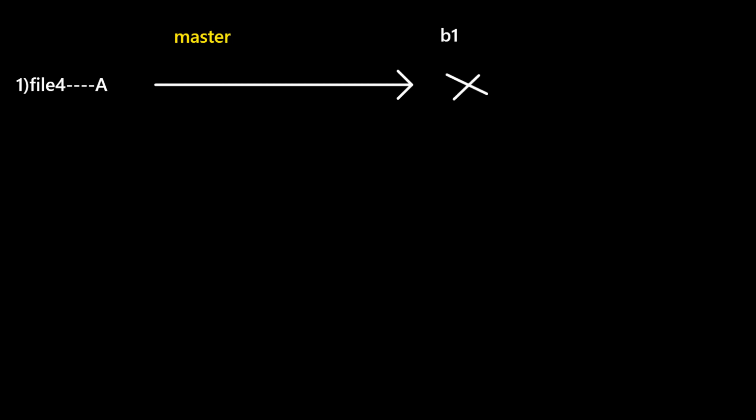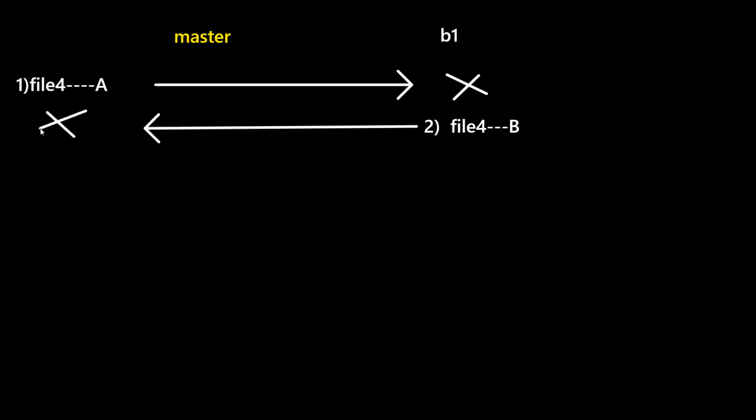Then the second step: we came to the B1 branch, and here we made this file 4 and made another commit called commit B. Is this commit available on master? No, it's not available here. This is the second step.